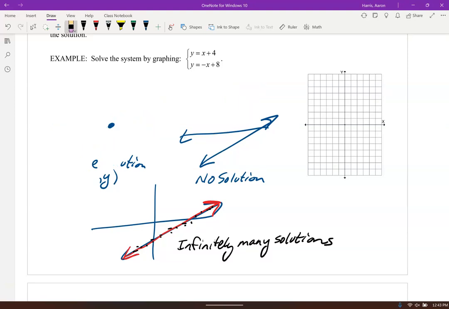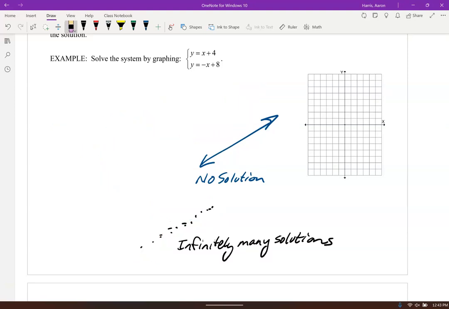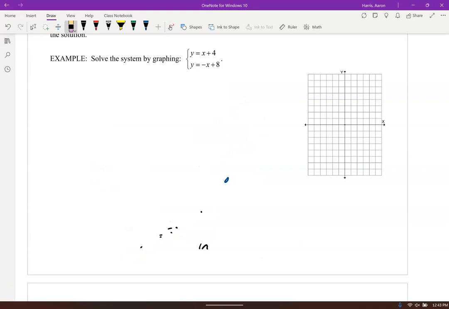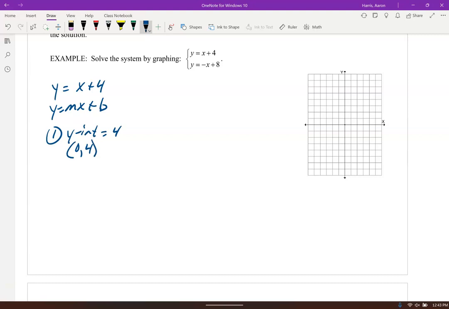Let's go ahead and graph these. y equals x plus 4. Remember the old y equals mx plus b. So number one, what's my y-intercept? My y-intercept is 4 here. In other words, it's the point (0, 4). I'm going to put the point (0, 4) on the graph.